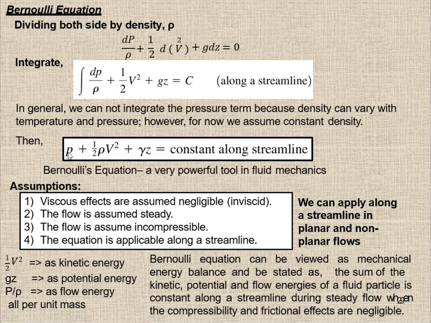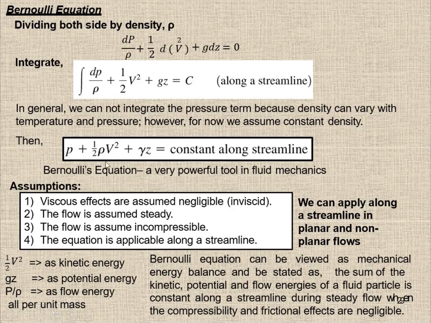If you multiply throughout by rho, P stays P, half v square becomes half rho v square, and rho g is equal to gamma. So P plus half rho v square plus gamma z is equal to a constant along the streamline.